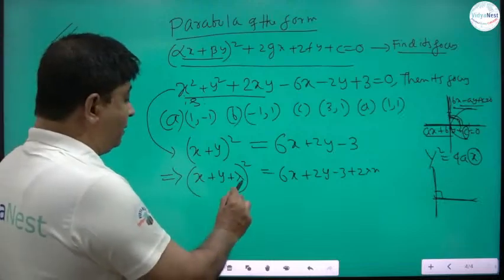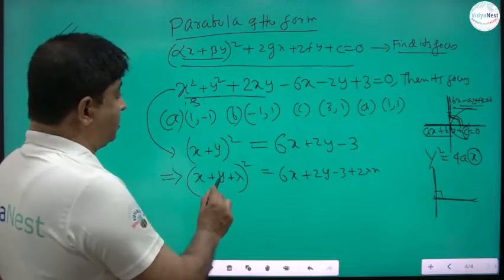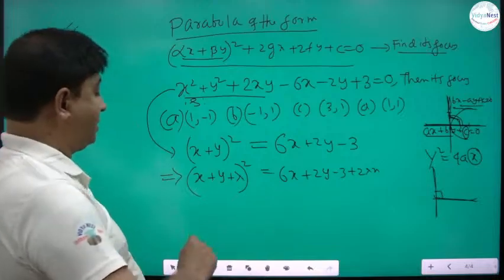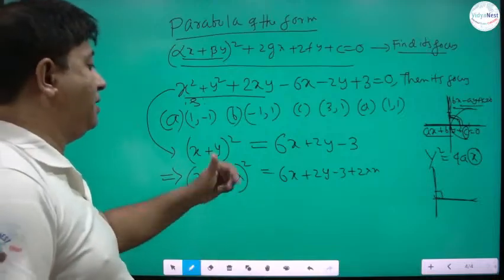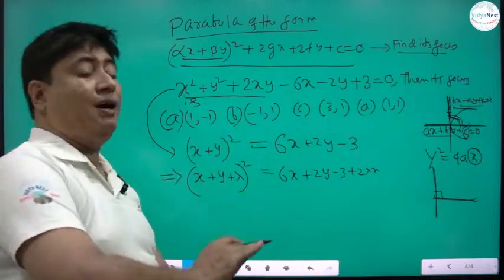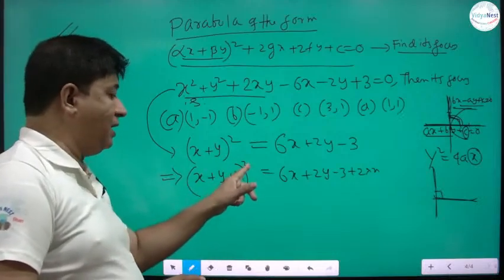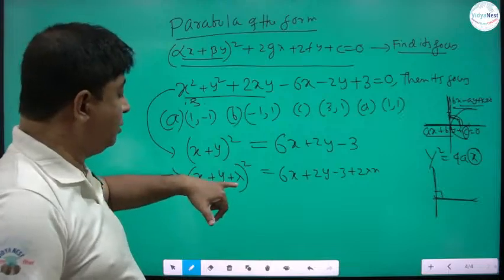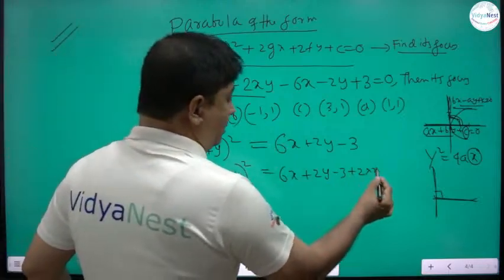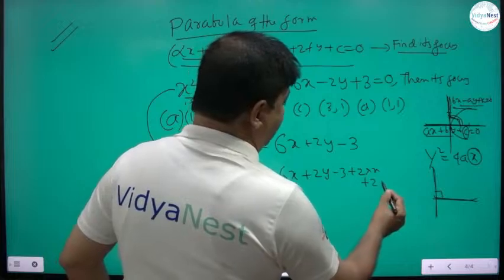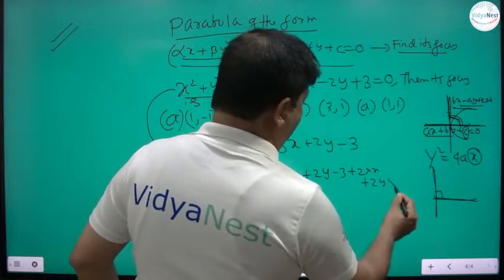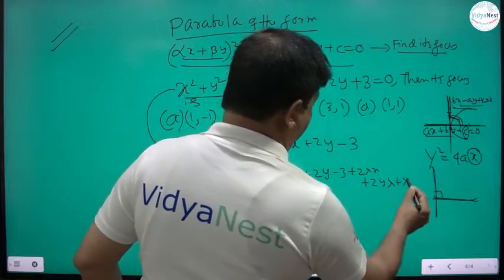But if I open this, I will get x square plus y square plus 2xy, side by side 2x lambda, 2y lambda plus lambda square. So that is actually added. Here it is visible that lambda is added. But once you introduce lambda, you have actually added these terms. So this must be kept in mind.